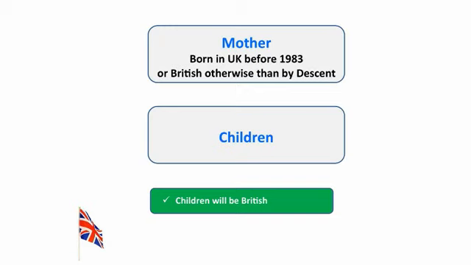Now, in the lead up to the change in the law in 1983, an announcement was made in the UK Parliament on the 7th of February 1979, confirming that the change would be made and equality would be there.